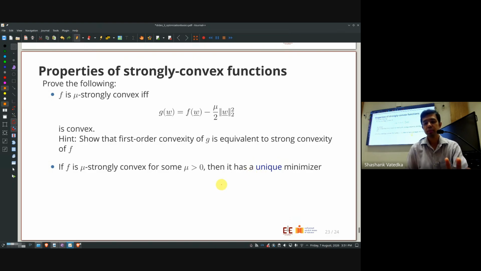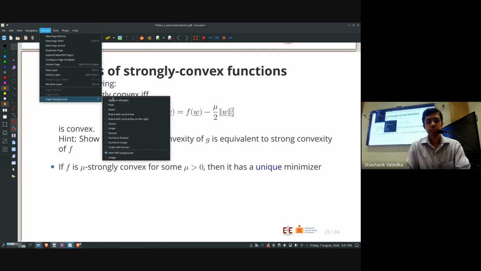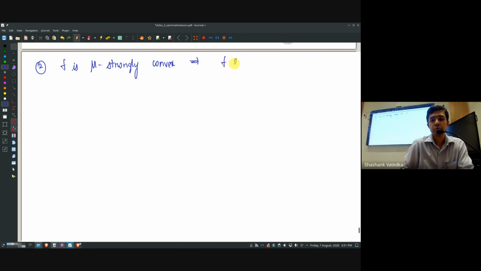How do you prove this? Again, fairly straightforward. So let's try to prove the second property, which is that f is mu strongly convex implies that f has a unique minimizer.